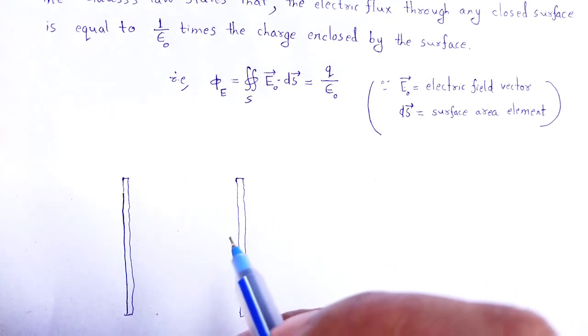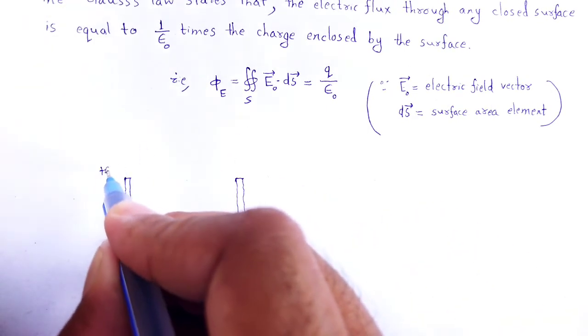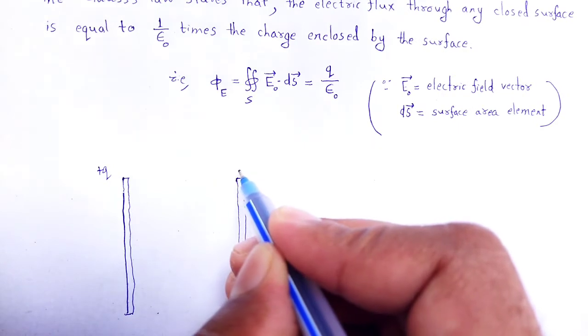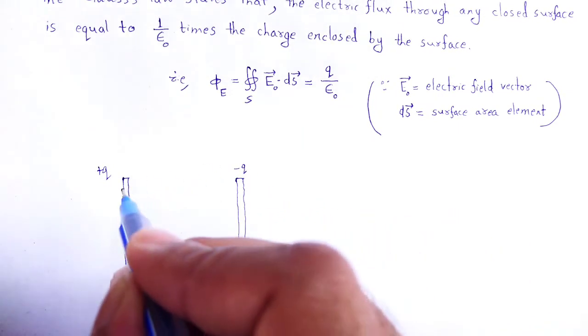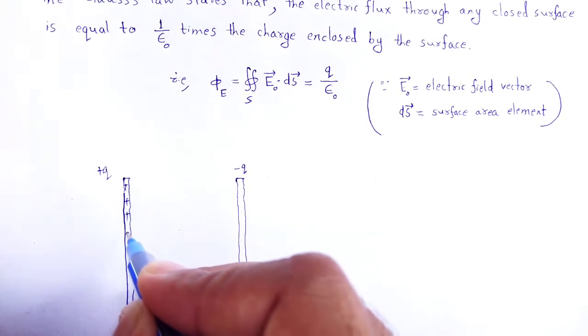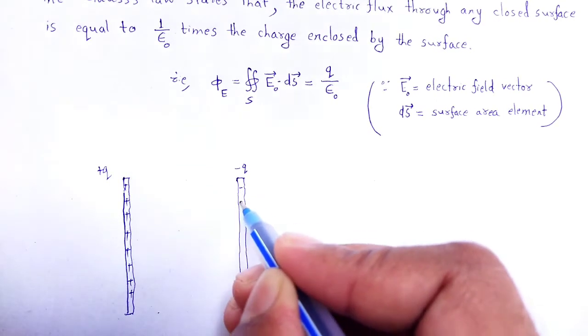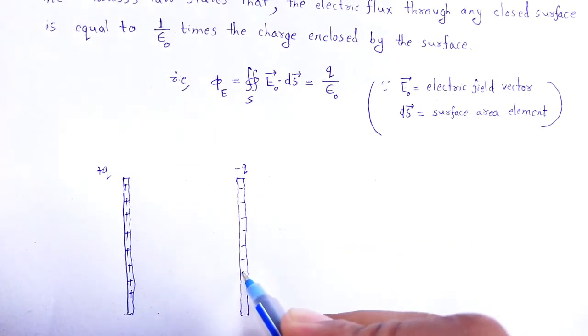Taking that parallel plate capacitor, here taking plus q as positive charge, here minus q as negative charge.